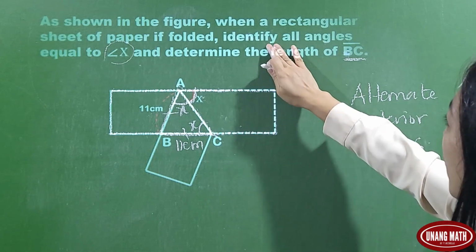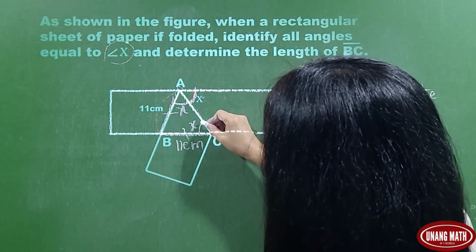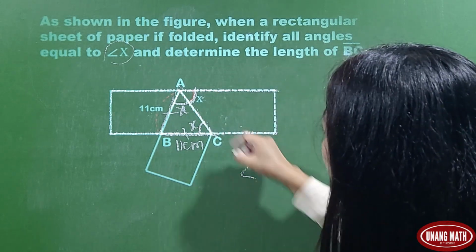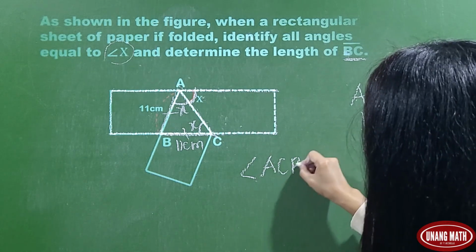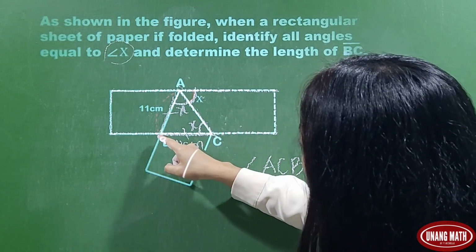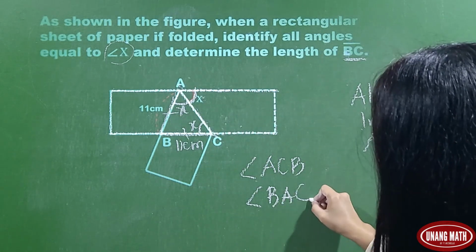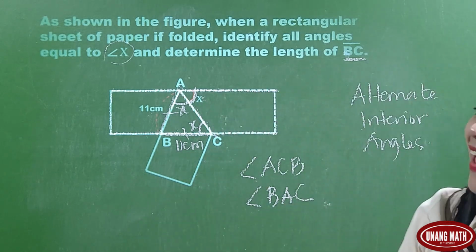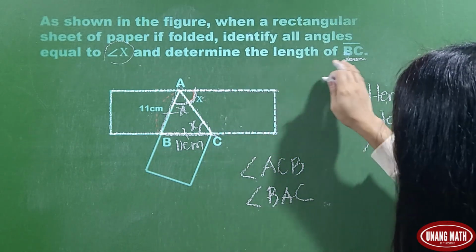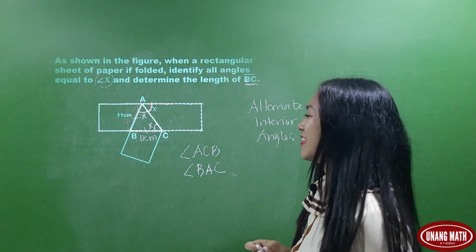To answer this question, identify all angles equal to angle X. We have angle ACB and angle BAC. These angles are all equal to angle X. And what's the length of segment BC? Segment BC is 11 centimeters.